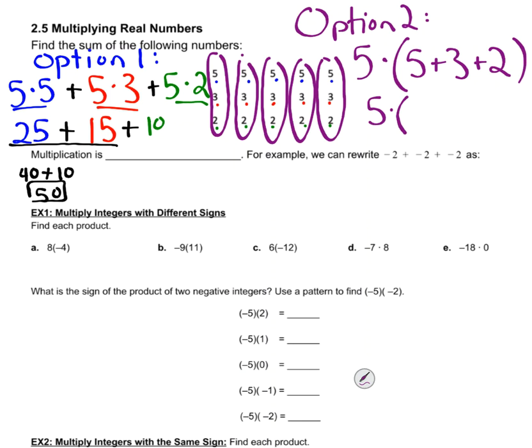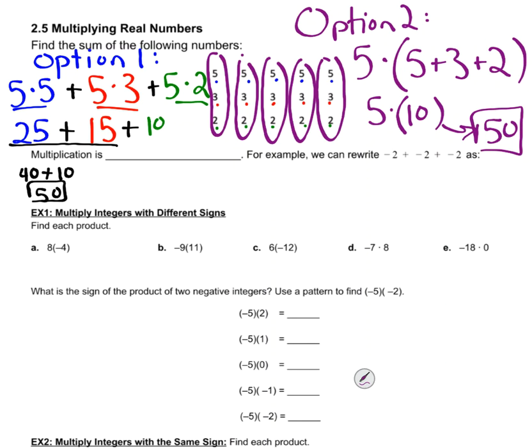Each of these columns is really just saying 10. If we do 5 times 10, we do get 50. So, whether you added up each of these individual terms, whether you looked at it through the rows or through the columns, we got the same answer.